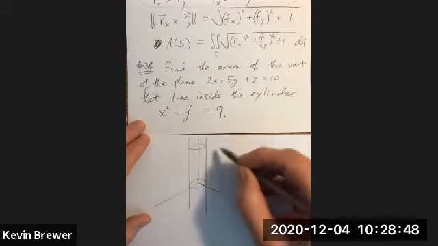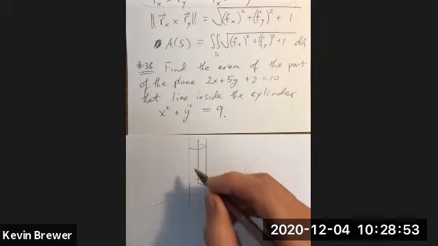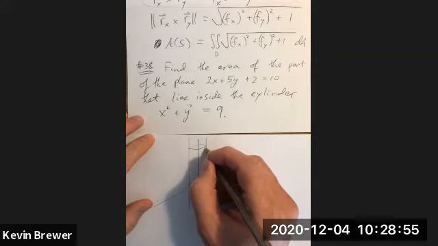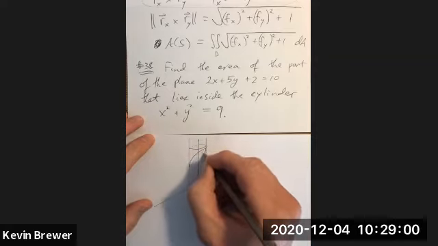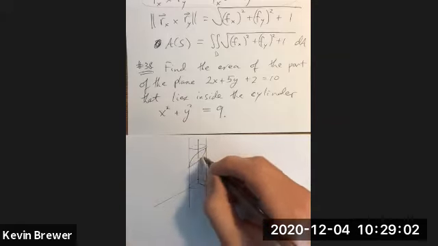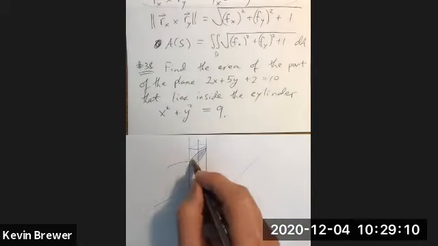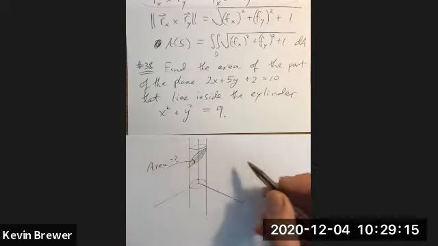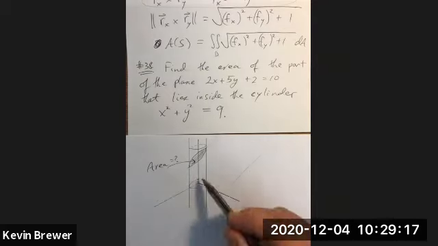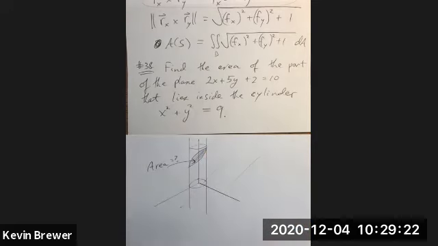You know, if the plane is going like this, then there's a portion, something like this. We want the area of that part of the plane that is inside the circular cylinder.